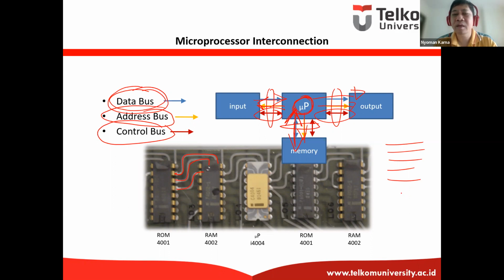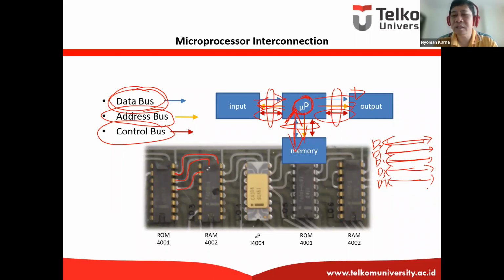In the data bus, let's say these are data lines D0, D1, D2, D3, D4, etc., we can share the same wire for transmitting both ways, either to the microprocessor or to the memory.